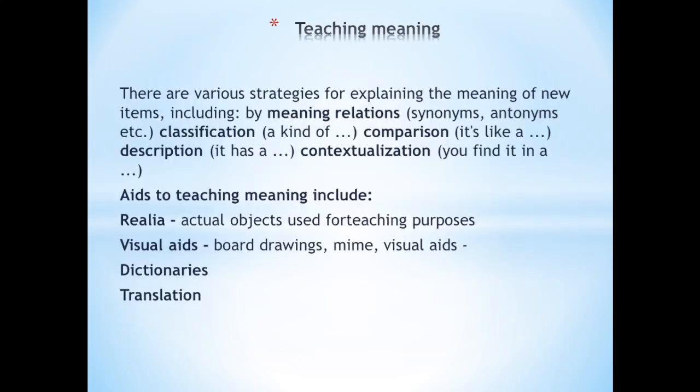Teaching meaning. There are various strategies for explaining the meaning of new items, including by meaning relations, synonyms, antonyms, etc., or by classification, or by comparison, or by description, or by contextualization, and so on.